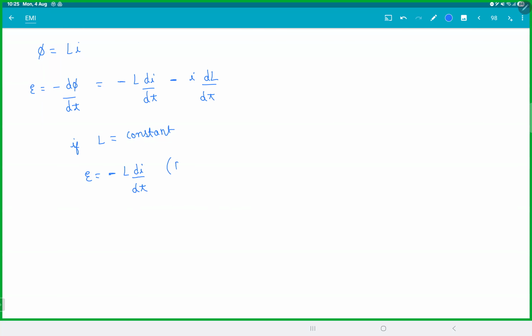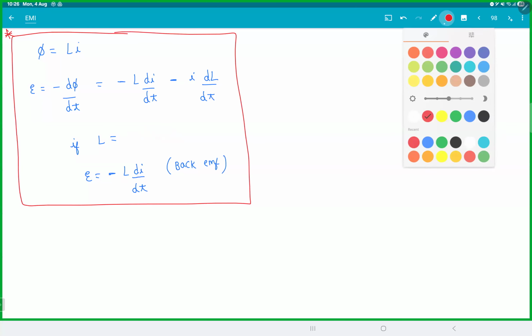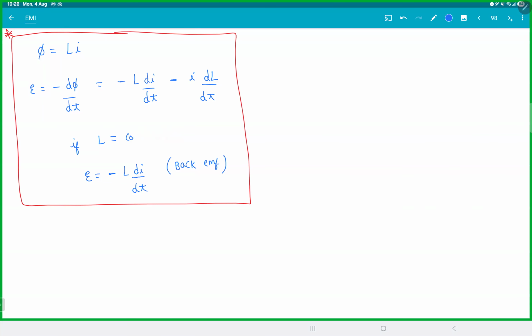This is called back EMF. So be careful. E is equal to minus L di by dt is valid only when the self-inductance is constant. If L also changes, then you can't use this. Something similar to F is equal to ma.